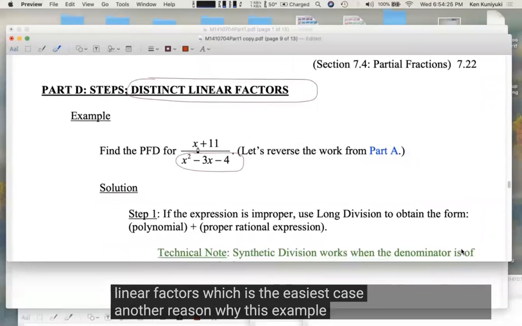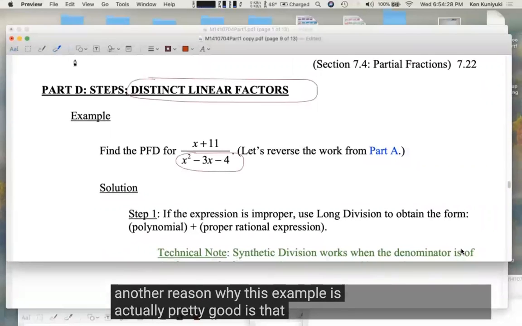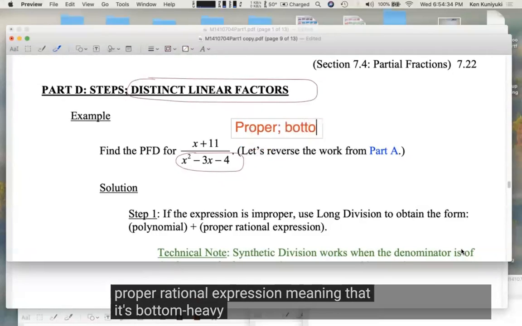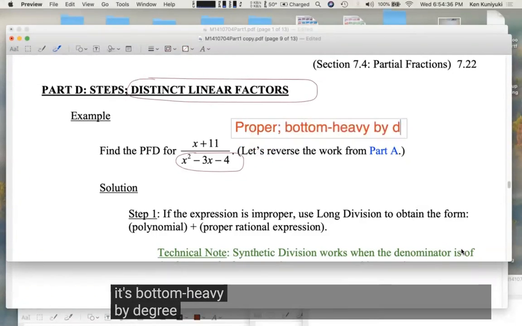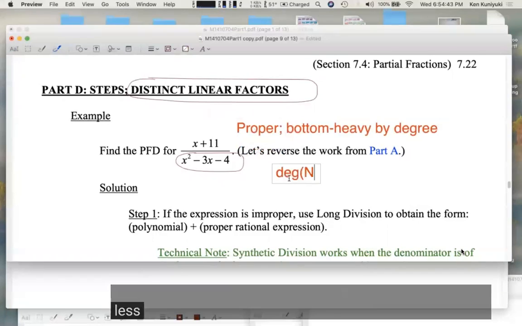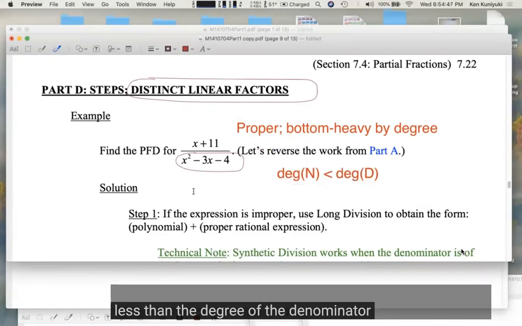Another reason why this example is actually pretty good is that this is a proper rational expression, meaning that it's bottom heavy by degree. The degree of the numerator is less than the degree of the denominator.